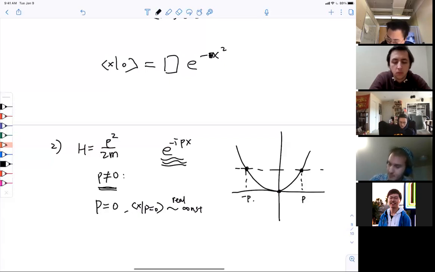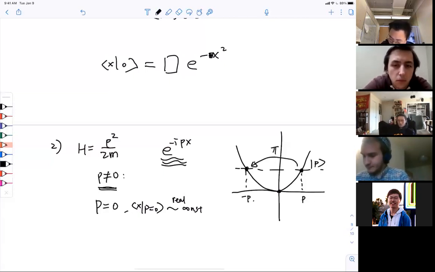And those two states are related by the time reversal operator. This is ket p. Then if you apply the time reversal, you get ket minus p, because time reversal is like taking a complex conjugate. You get a minus sign.